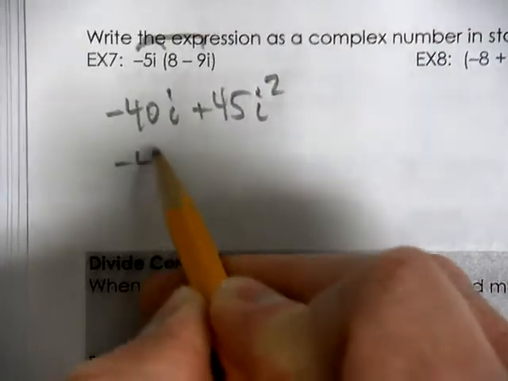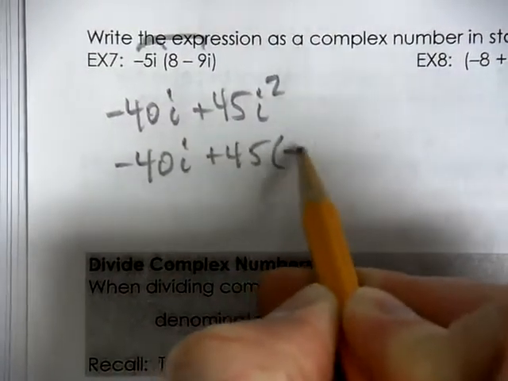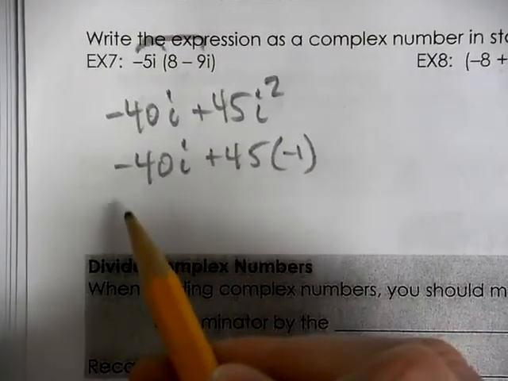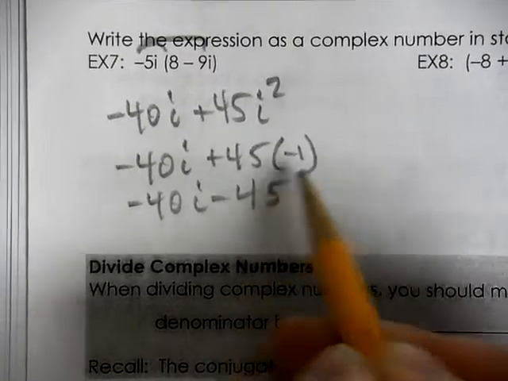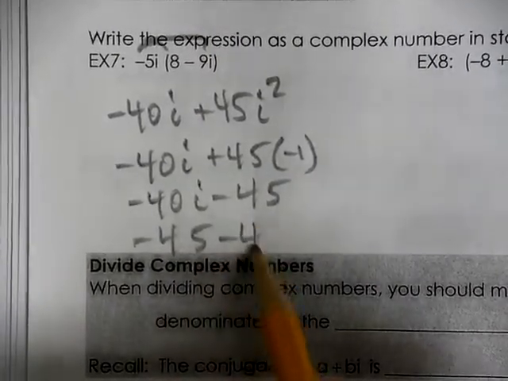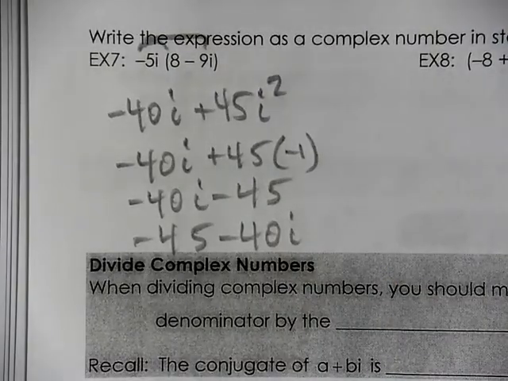So we need to write the i squared as a -1, which is going to turn the 45 into a -45, and we like to write the imaginary number second and the real number first.